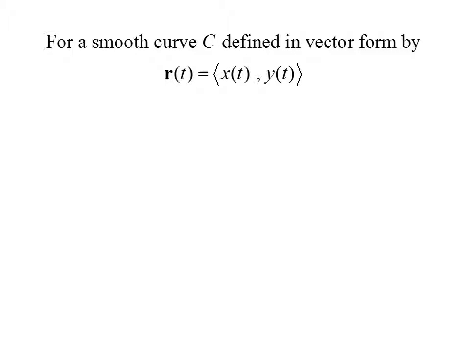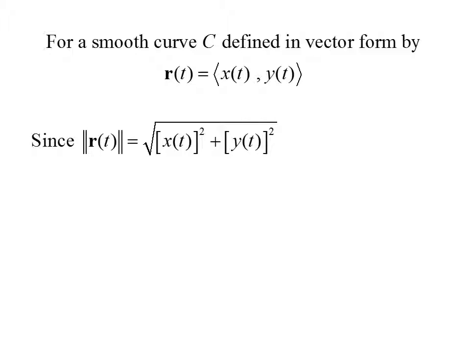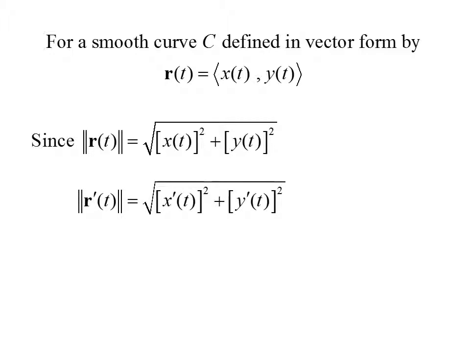Now, some of the relationships in vector-valued functions create an interesting formula for arc length and a pretty simple one. If we take the two-dimensional function r, and we've done this recently, the magnitude of r is the square root of the sum of the squares of the individual components. Well, if we do that same thing with the derivative, you notice what we get is exactly what we just found for arc length.